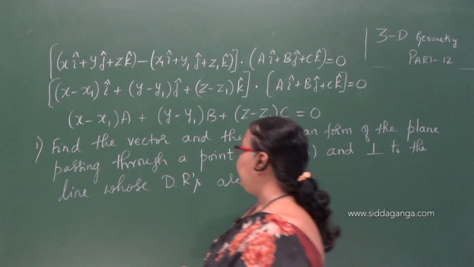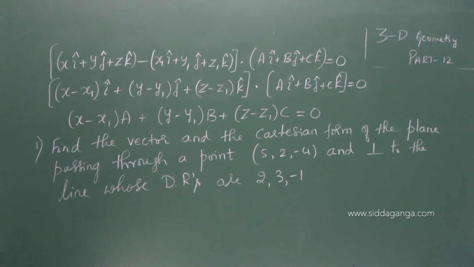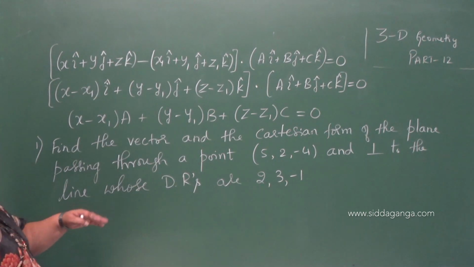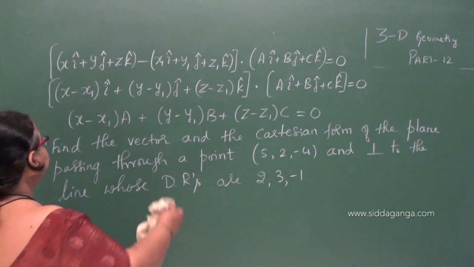We have to write the vector equation as well as the Cartesian equation of the plane which passes through the point 5, 2, -4 and whose normal vector has direction ratios 2, 3, -1.